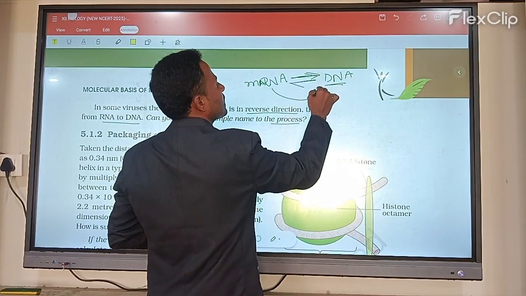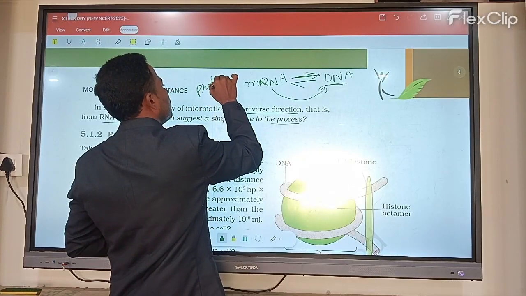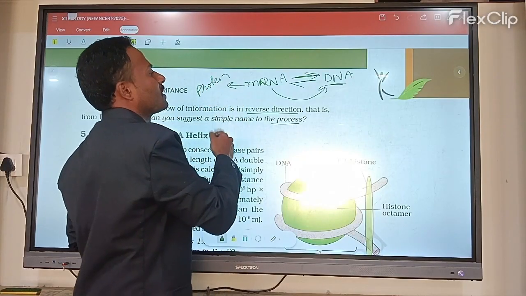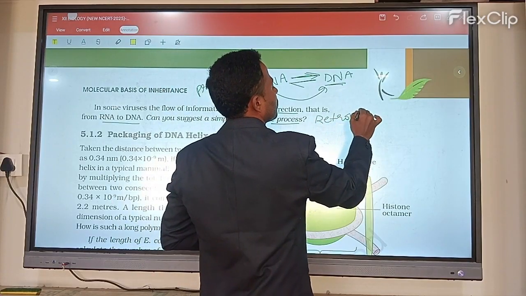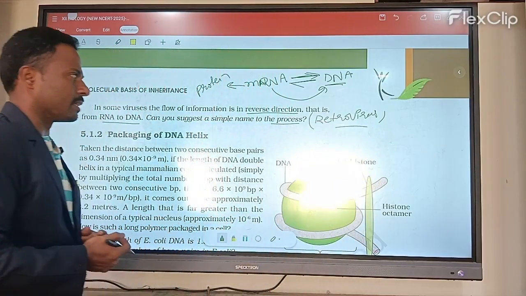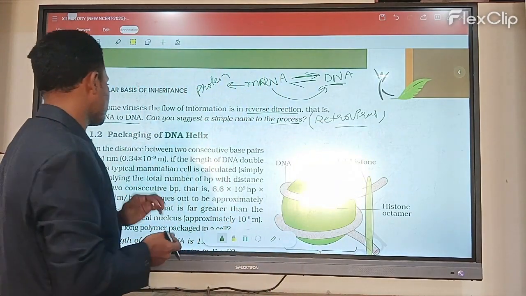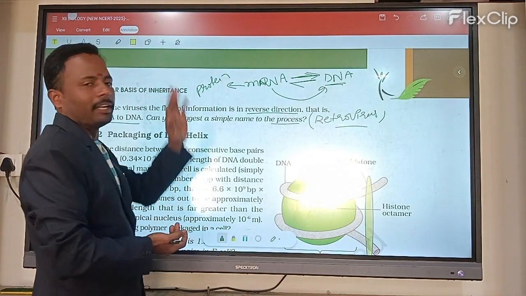It is a reverse transcription. After that comes protein synthesis. This is reverse transcription, which you observe in retroviruses. Now this is the information about DNA and then RNA.